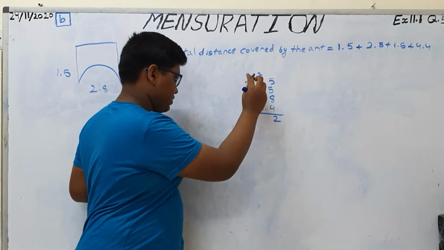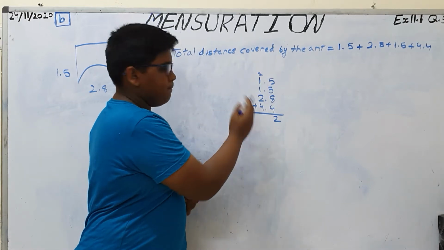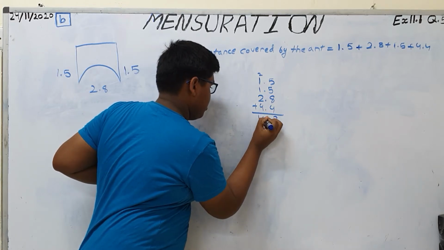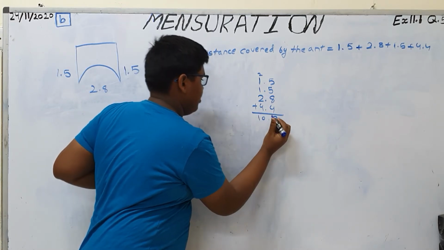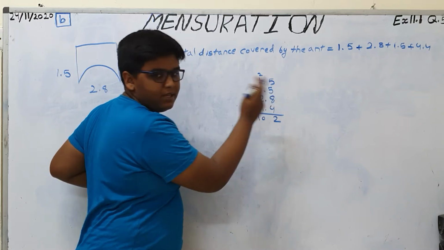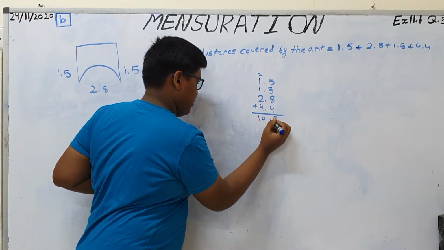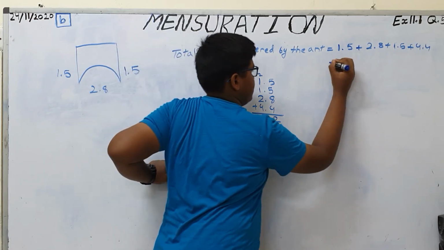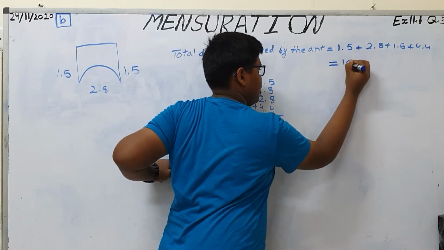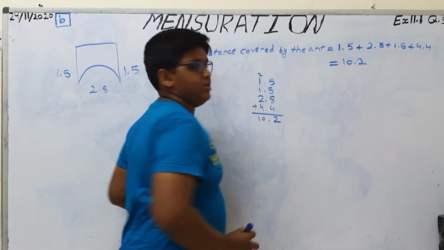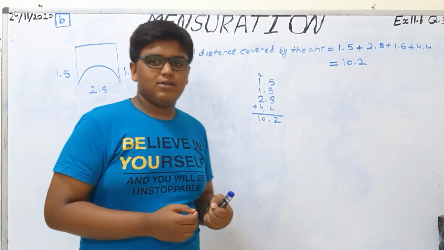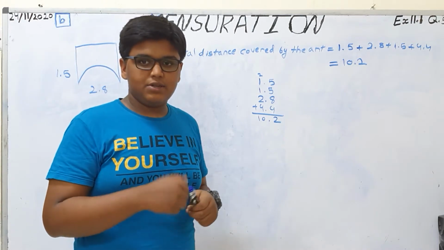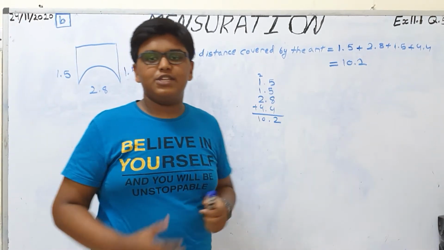Now 2 plus 1 is 3, plus 1 is 4, plus 2 is 6, and plus 4 it's 10. Now there is only one place after the decimal point, so we put the decimal point here. So it is equal to 10.2 centimeters. The total distance covered by the ant in part B is 10.2 centimeters.